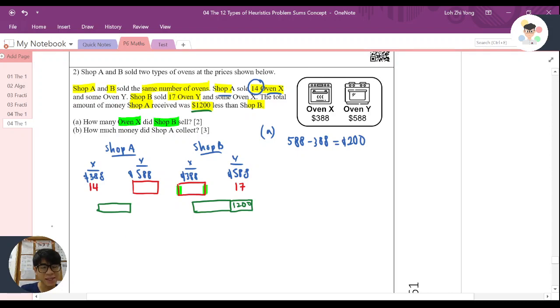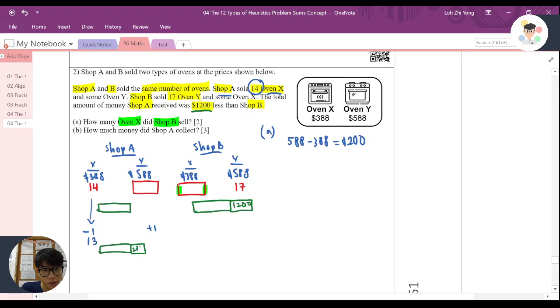Because both shop A and shop B sell the same number of ovens, look here, this is 14. If I minus one oven X and plus one oven Y, I only have 13 here now and one more Y, so my price will increase by 200.